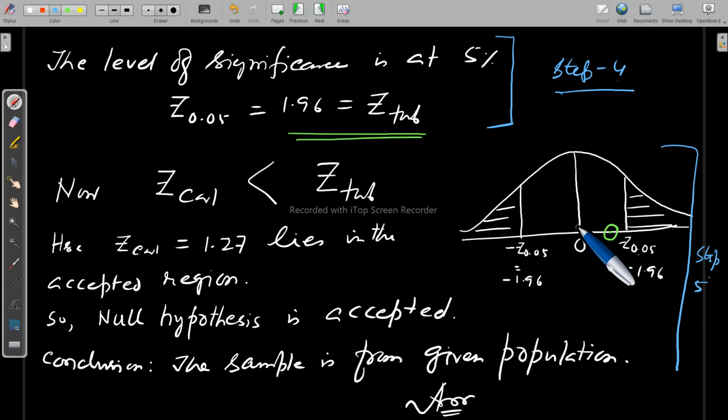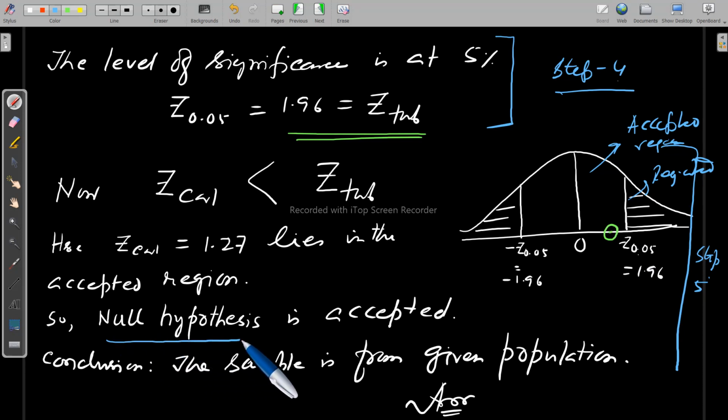These two are called accepted region, and this one is called rejected region. Here this value lies in the accepted region, so null hypothesis is accepted. That means you have considered in null hypothesis that the given sample is from the given population, which we have already mentioned as a conclusion. So this is all about the solution process.